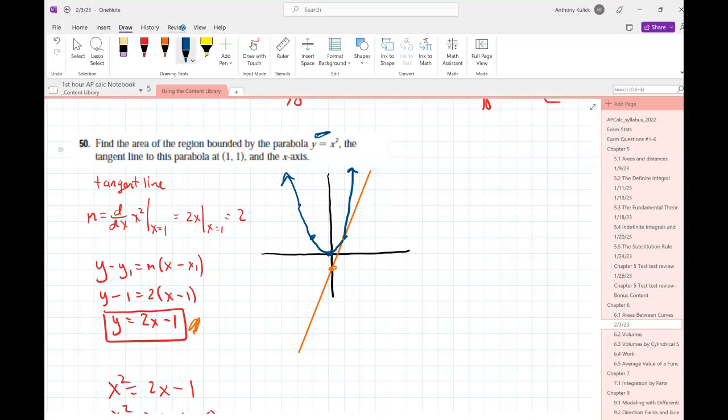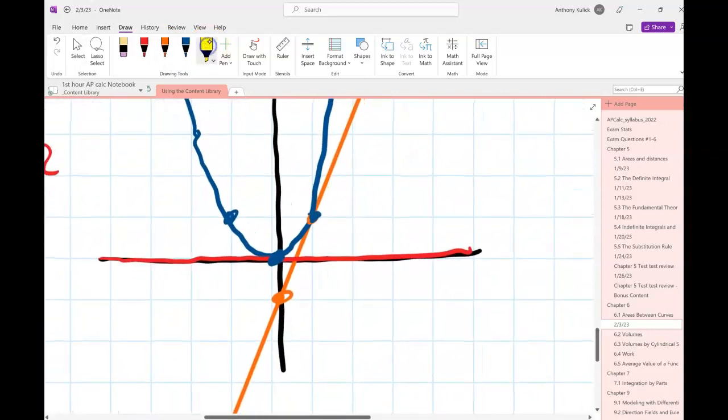Okay, so we want the area of the region bounded by the parabola and the tangent line to the parabola and the x-axis. So the x-axis is here. So what are we talking about? This little spot right there. Everybody agree with that? Okay.